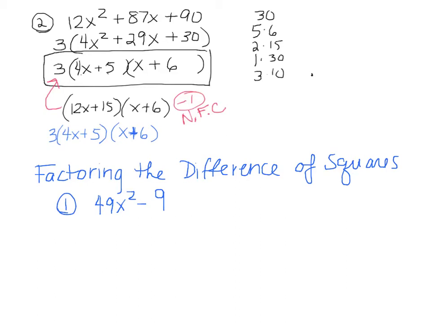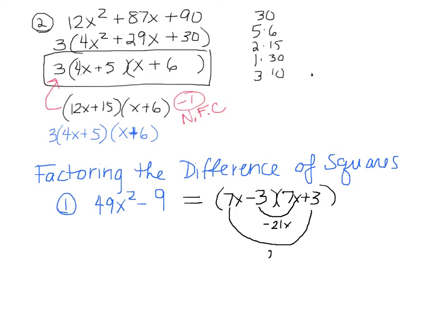So since I know that this is a difference of squares, I know that I have 2 parentheses, and this would be 7x minus 3 and 7x plus 3. And when I look at this, I notice that there is no b value. So that means the b value is 0. When I check here, this is going to give me a negative 21x. This is going to give me a 21x.